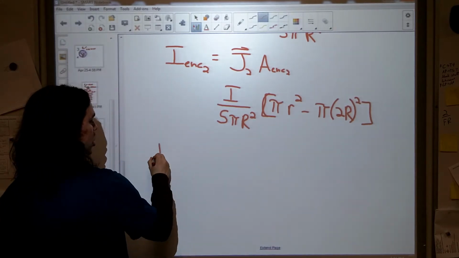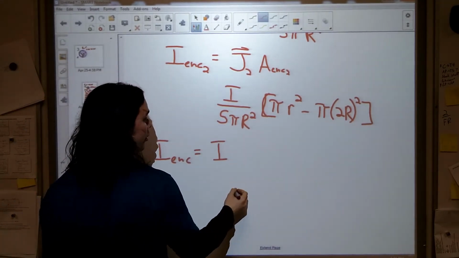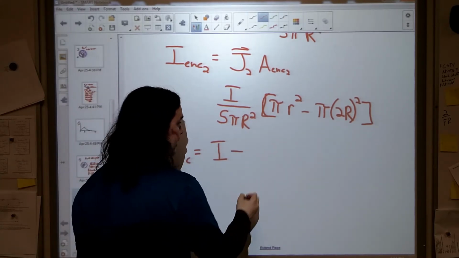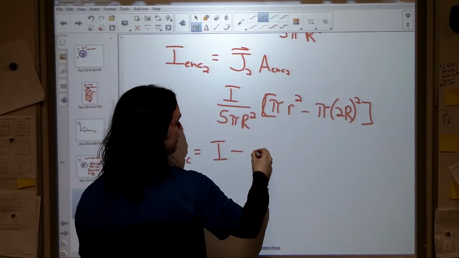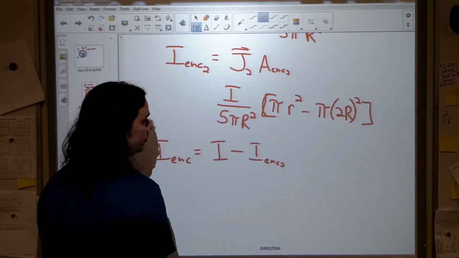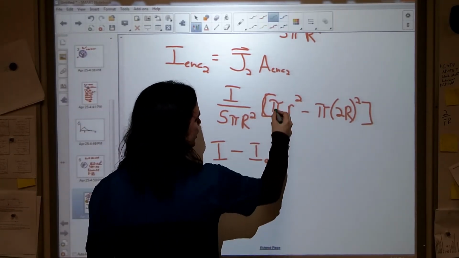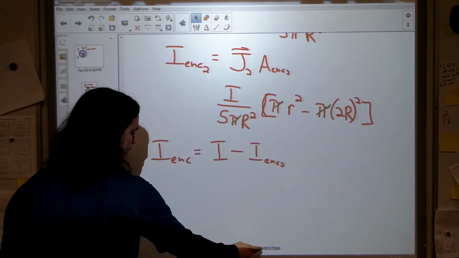For us to find our total enclosed current, it's going to be equal to the current from wire 1, which is just I, minus, and here's where we could incorporate the minus here, but it's going to be minus I enclosed 2, however much is enclosed in 2. I'm going to clean this up a little bit. The pi's actually cancel out, and we get the following.